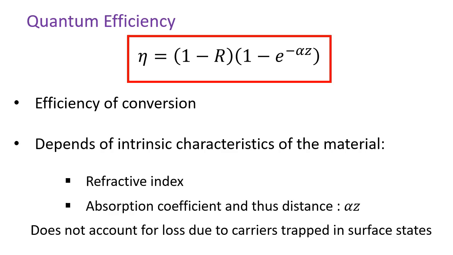Now we can clearly see one can improve the quantum efficiency by making sure that the signal coming in and the detector material are index matched, so that the reflectivity is minimum. That would mean that more and more of my signal will get into my detector.